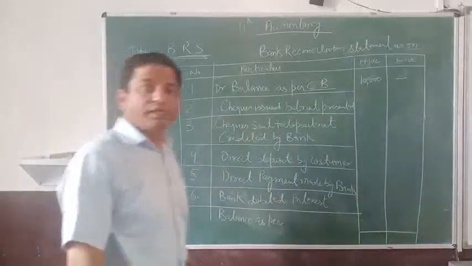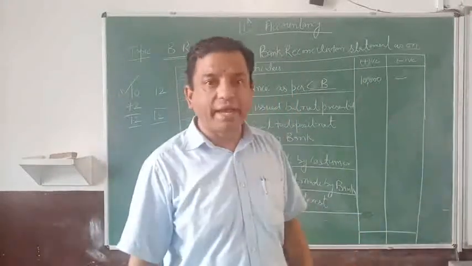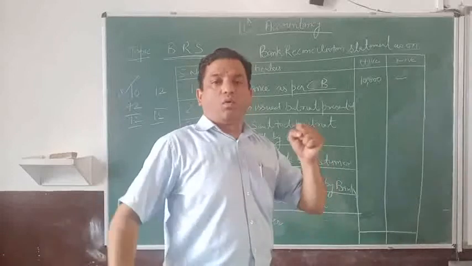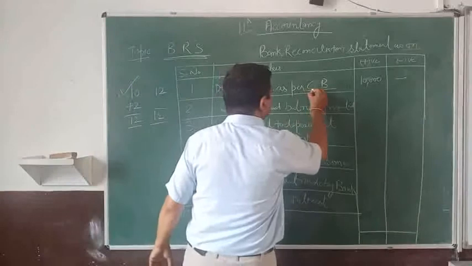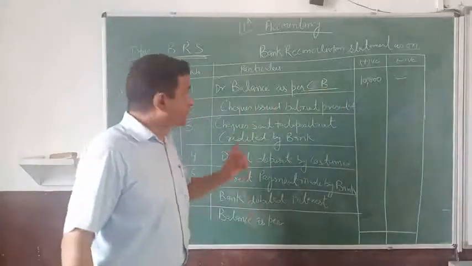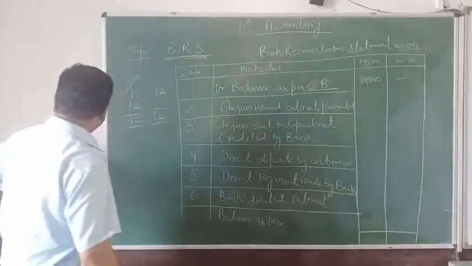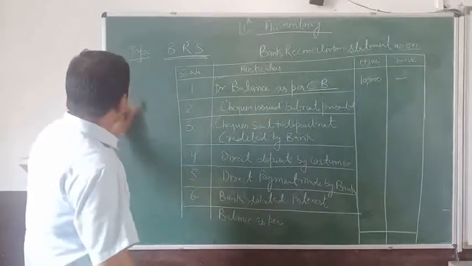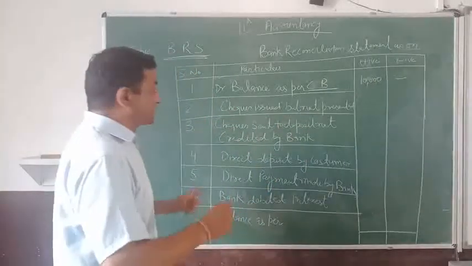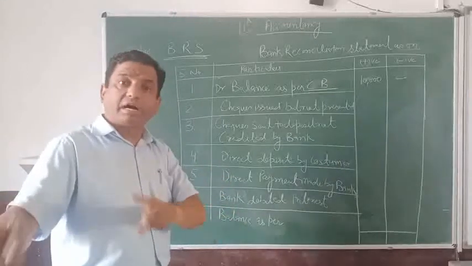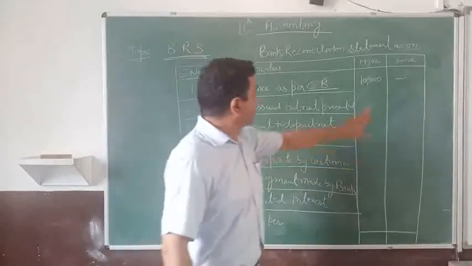Means when two things are not equal to each other, then in order to make them equal, I have to take one as base. So here, if I am starting the question with cash book, then passbook will become the base for me. Passbook will become the base means whatever the direction of the passbook is, you have to do according to that. If something is being added in the passbook, you have to add that. If something is being deducted in the passbook, you have to deduct that.